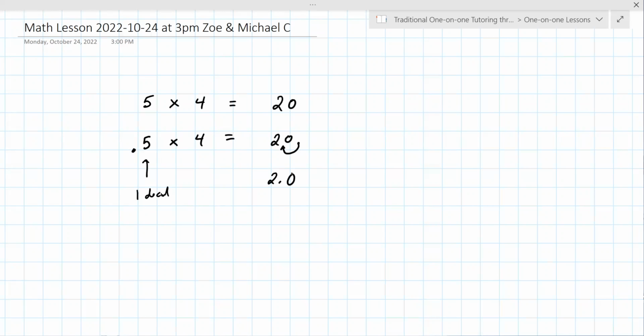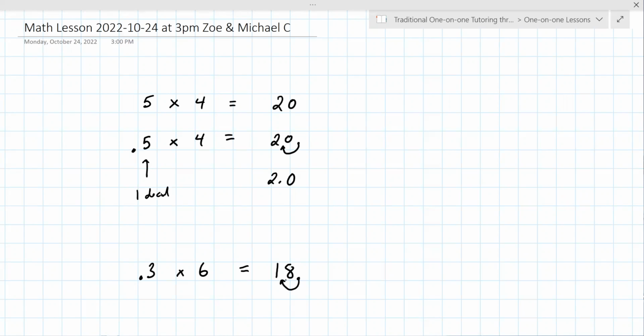And so I gave you a few other problems. I would say, well, what is 0.3 times 6? Could you try calculating that for us? 18. Well, 3 times 6 is 18, but it's 0.3 times 6, so you have to move that decimal over to the left one.